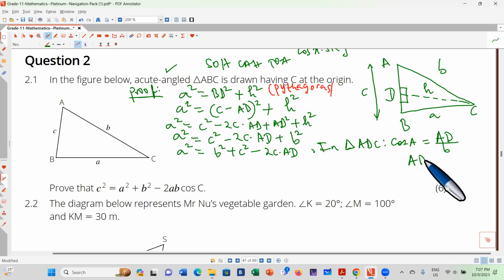So AD is B cosine A. We cross multiply here, we get AD, and then this AD we can put here. In other words, this one is equation 2 and this one is equation 1. 2 into 1.